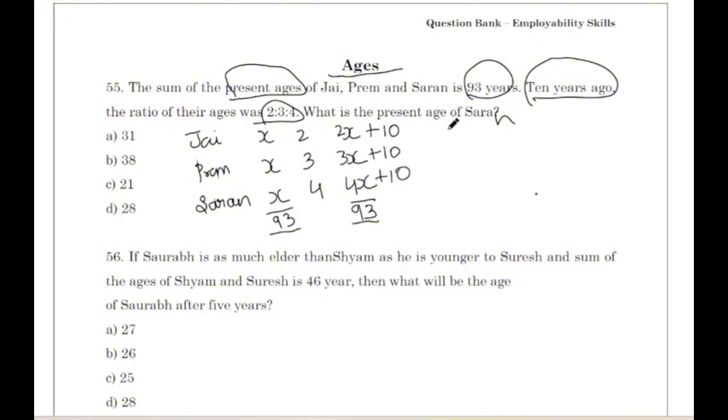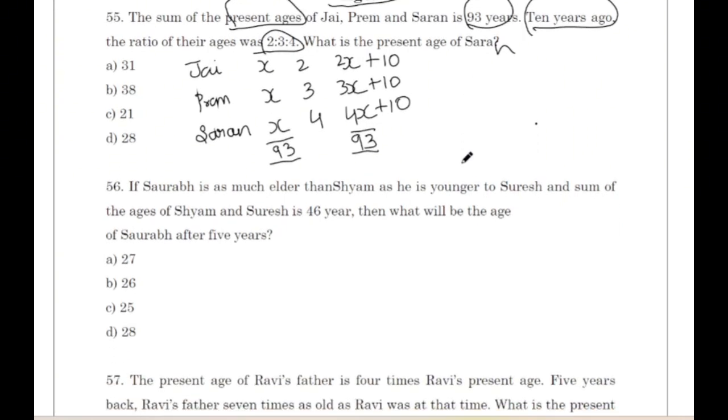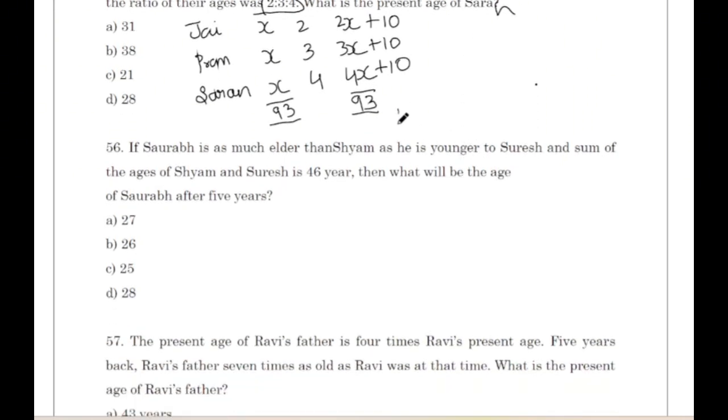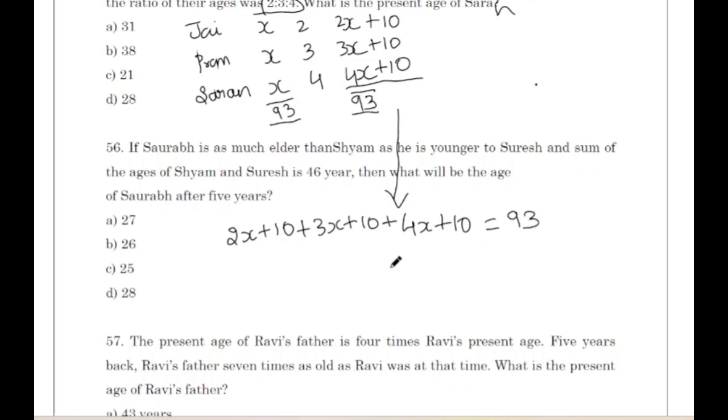Kindly check. We are supposed to write 2x plus 10, plus 3x plus 10, plus 4x plus 10, and the total of that is 93.